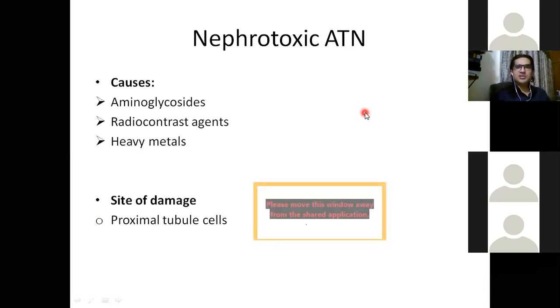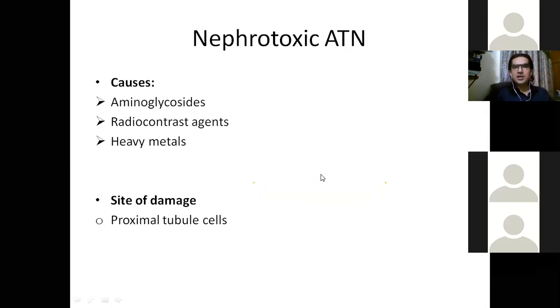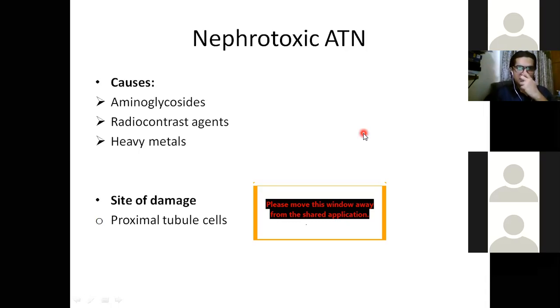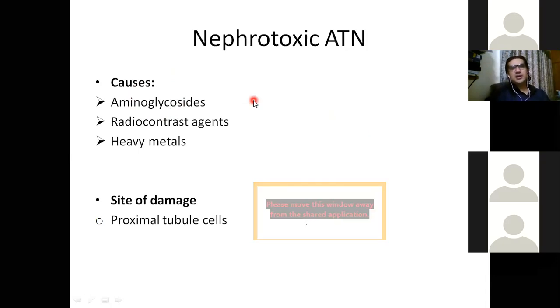So whenever aminoglycoside is given to an ICU patient, it has to be adjusted according to the body weight of the patient, according to the serum creatinine, right? And so the dose has to be adjusted. And if there is borderline renal failure, the dose has to be decreased, right? And if the dose is not decreased, then it can cause nephrotoxic type of acute tubular necrosis.